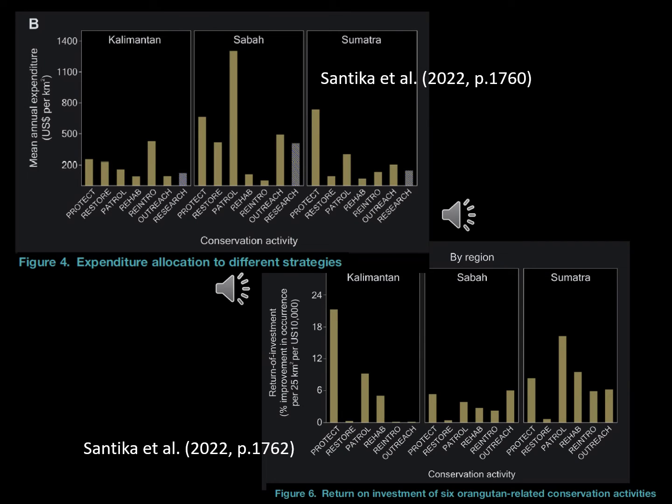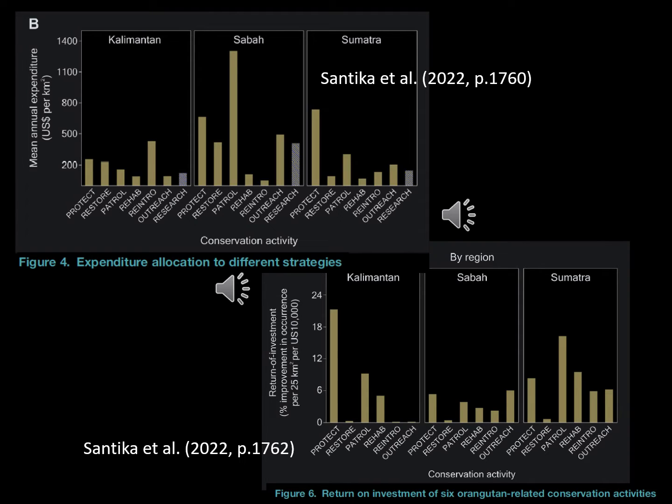The histograms show that investments are organized in 6 categories: habitat protection and acquisition, habitat restoration, patrolling and law enforcement, rescue and rehabilitation, reintroduction and translocation, and public outreach and awareness campaigns.